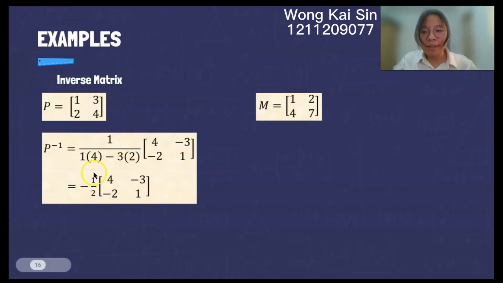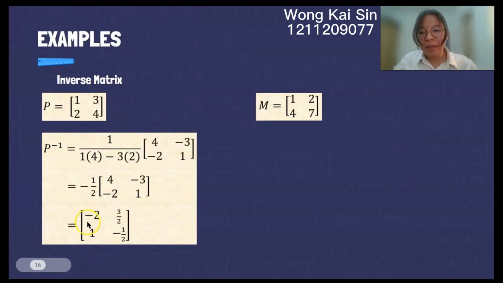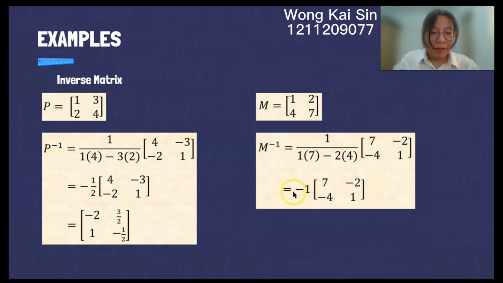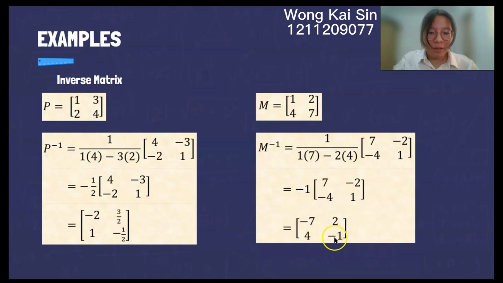After that, we calculate the determinant and multiply it together. We'll get minus 2, 3 over 2, 1, negative 1 over 2. We do the same thing with the second question. First is 1 over the determinant and the reversed matrix. After that, calculate it and multiply together.